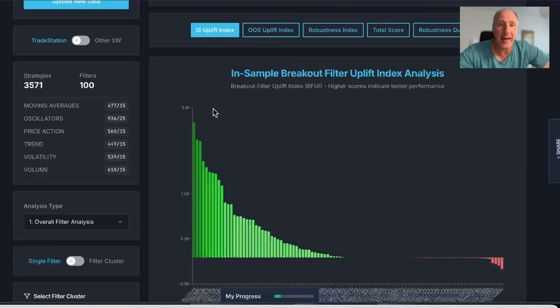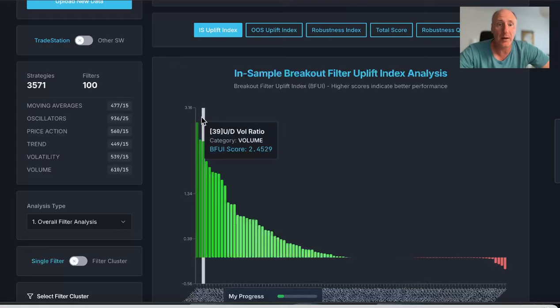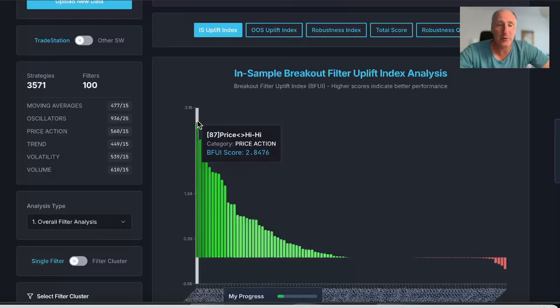So we have this core breakout strategy without any filter. Now we apply a specific filter, or indicator as a filter, and we have an overall uplift in multiple metrics. It can be net profit, drawdown ratio, win percentage, average trade, and all these are accumulated into one simple uplift index, and we can see immediately which indicator has the highest uplift index.